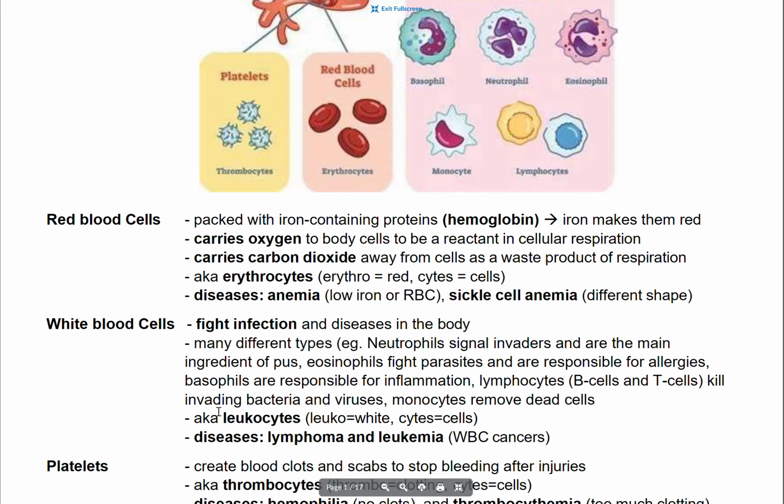Another name for white blood cells is leukocytes, right? Leuko means white, and cytes still means cells, so leukocytes means white cells. You can get diseases in your white blood cells, such as lymphoma and leukemia. Lymph is referring to your lymphatic system, right?